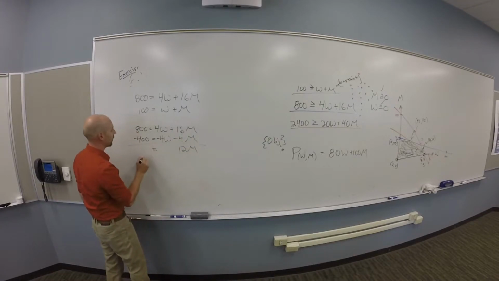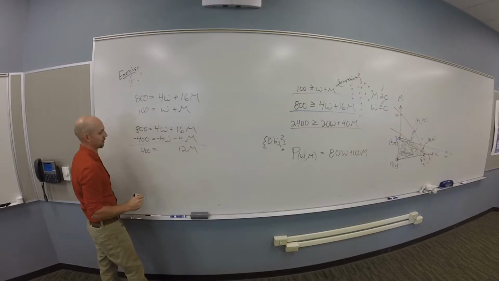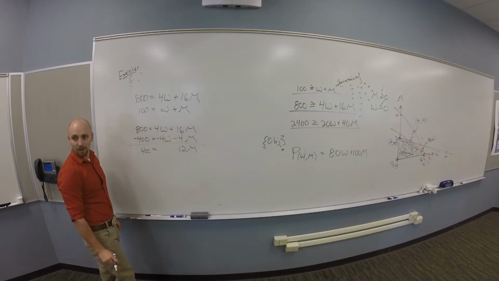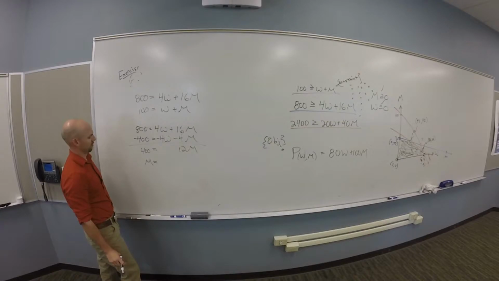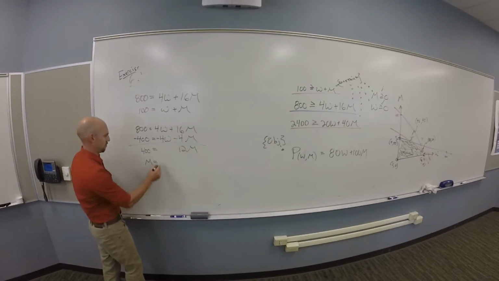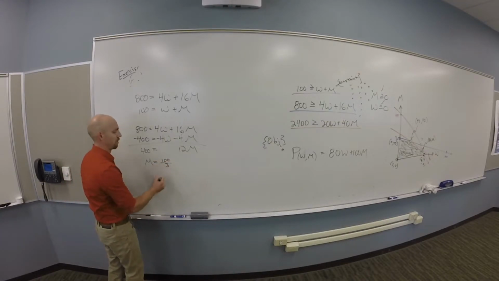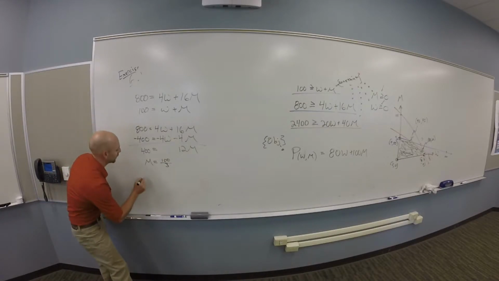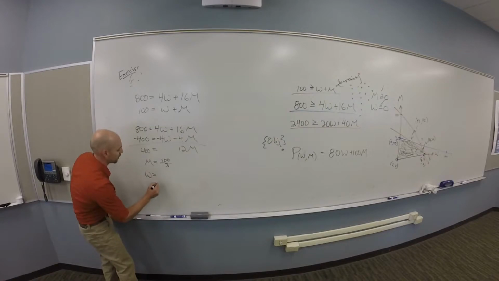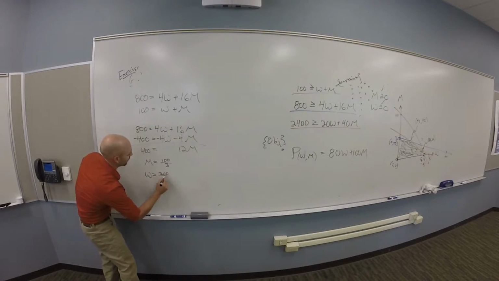I get 12M is 400. That'll tell me M is 33.33, 100 over 3. And that would mean that W is 200 over 3.